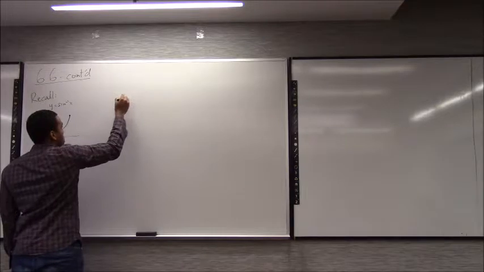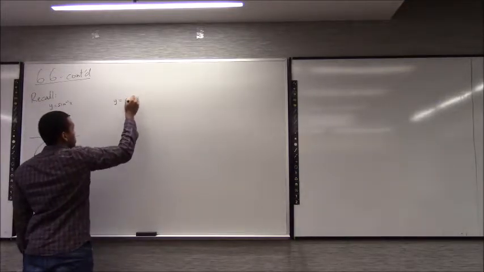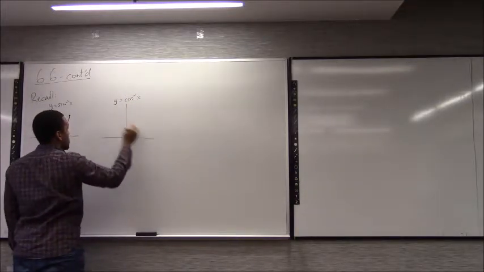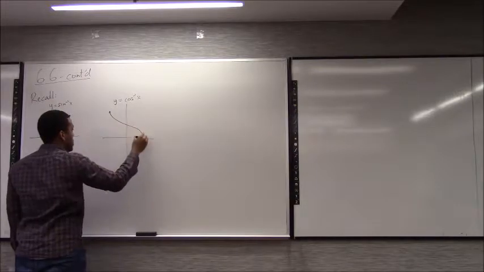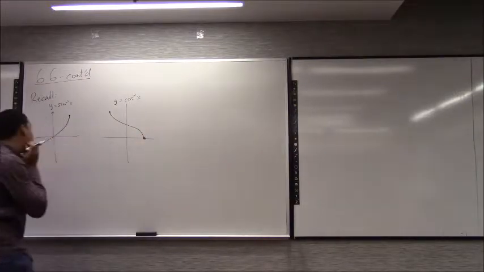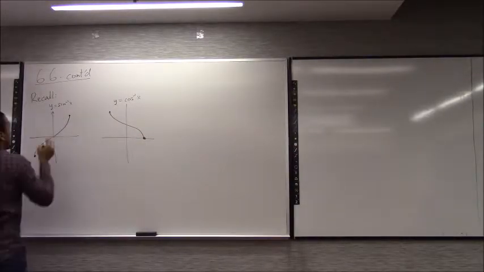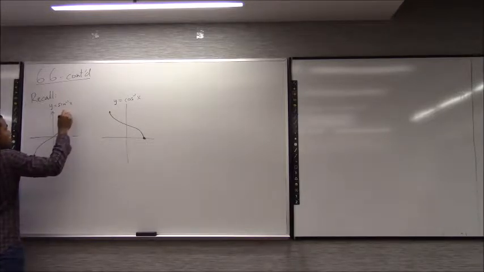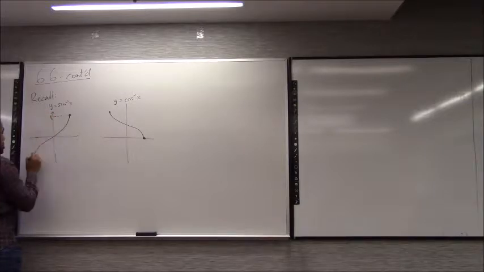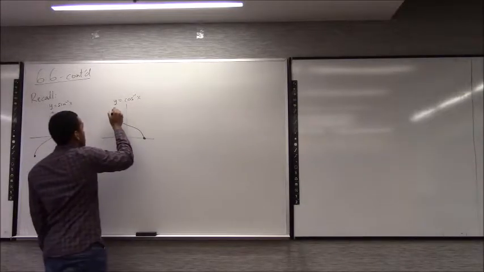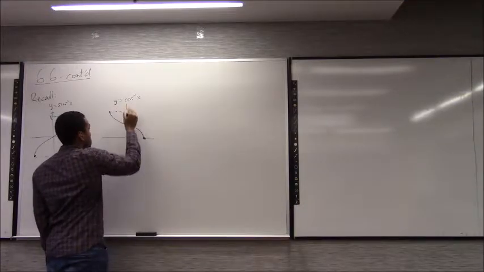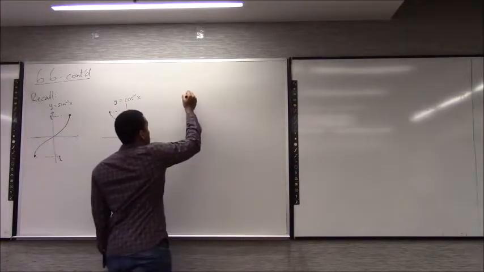We also looked at the graph of cosine inverse. It's like that. And the output for these, remember, was between pi over 2 and minus pi over 2. And the output for this was between 0 and pi.